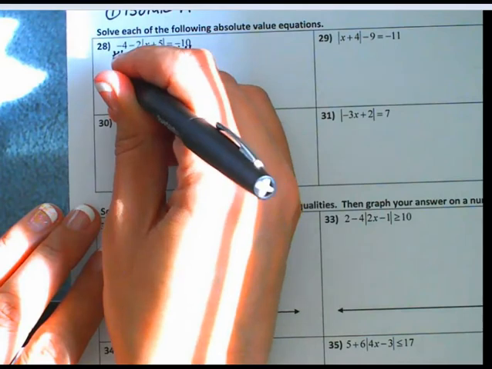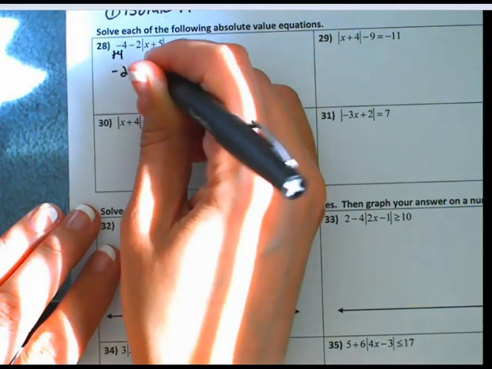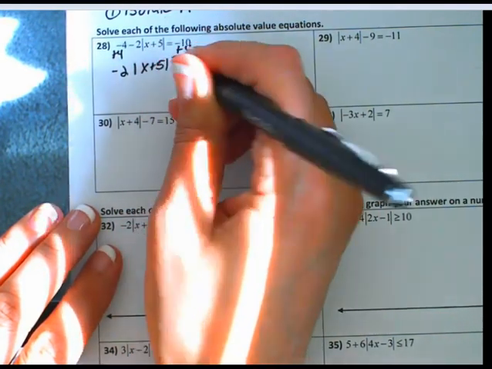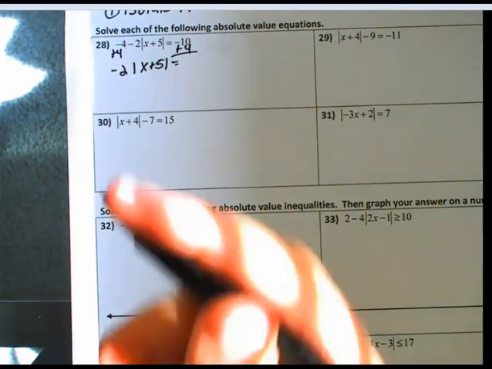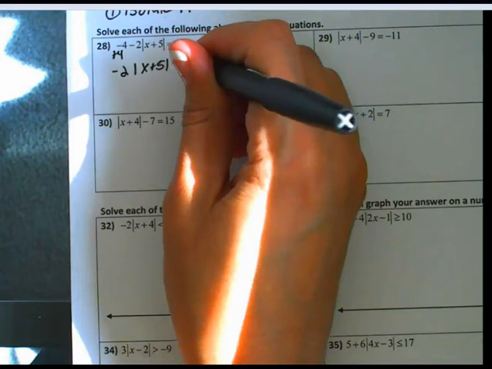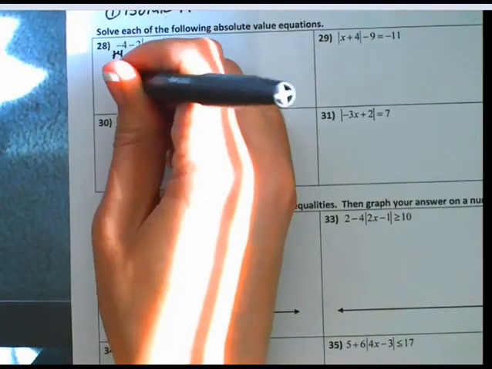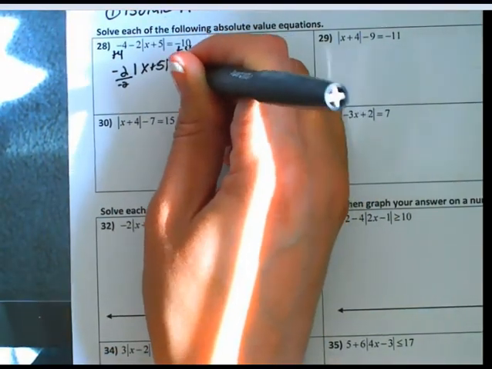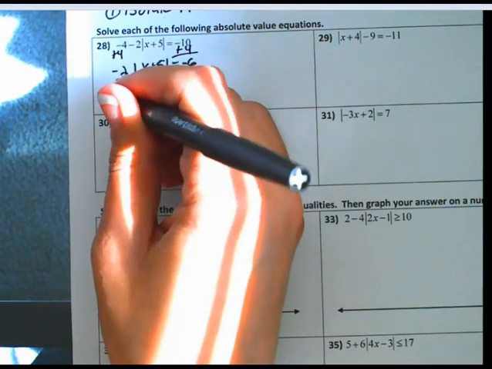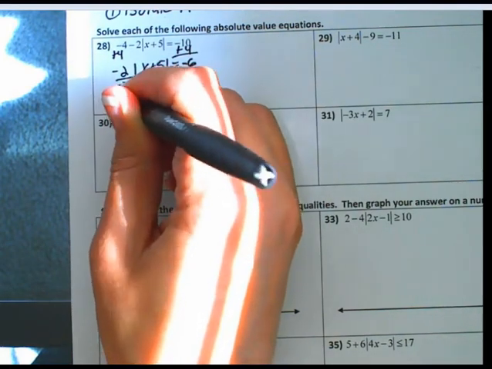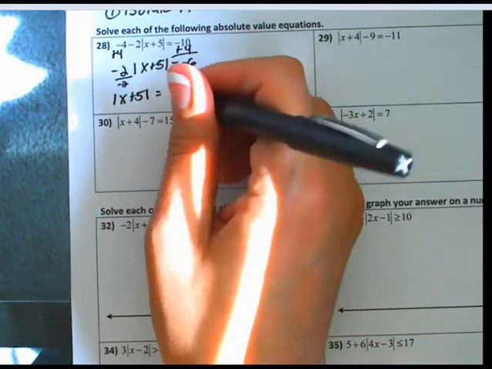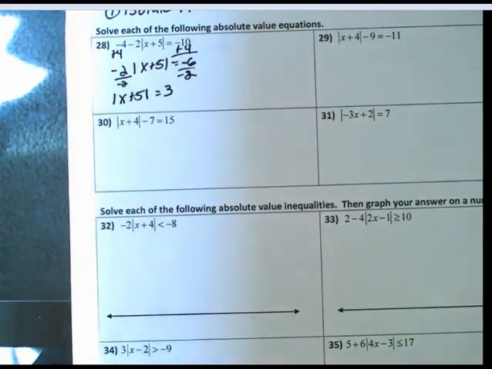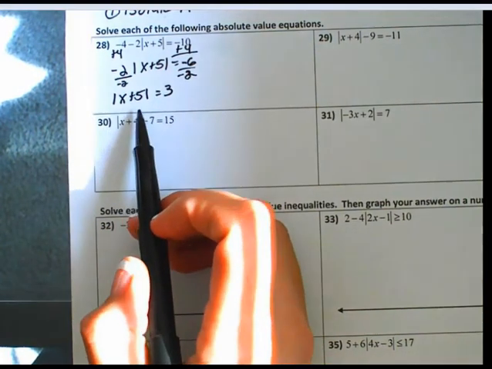And I have negative 2 absolute value of x plus 5 equals negative 4 plus 4, which is going to be negative 6. And I'm going to divide by negative 2. So then I have the absolute value of x plus 5 equals positive 3.